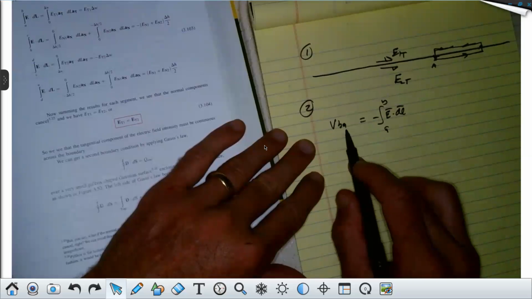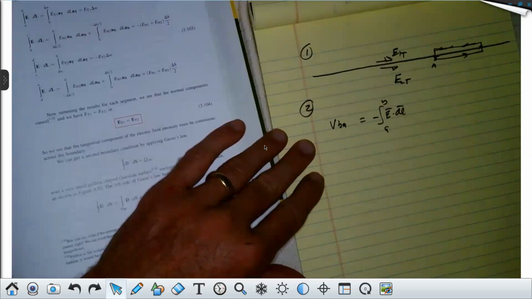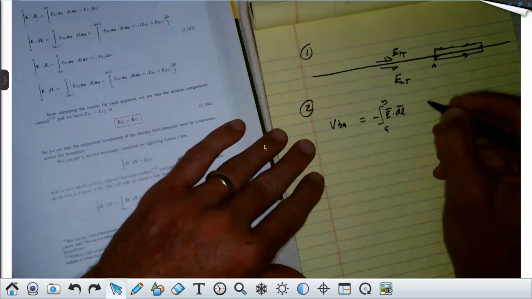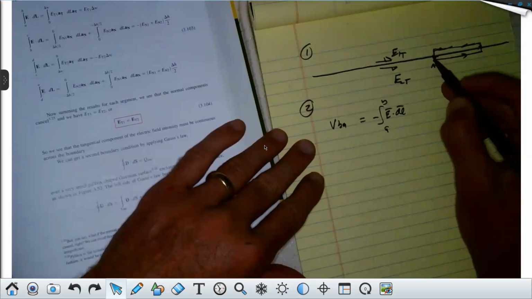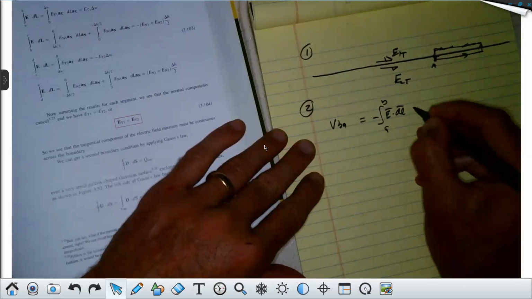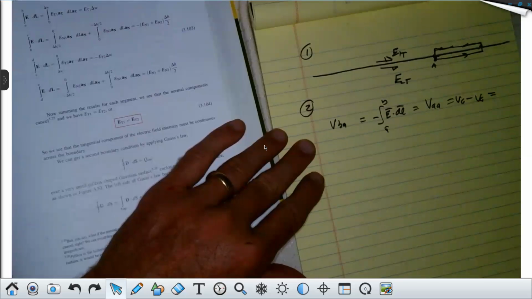The voltage between point B and point A is really minus the integral of E dot dl from A to B, right? All right. Well, what if I go from here all the way around back to A again? Well, that would be the voltage between VA and A, right? That's VA minus VA, and what is that by definition? 0, right?